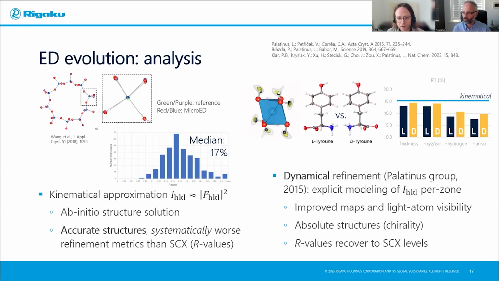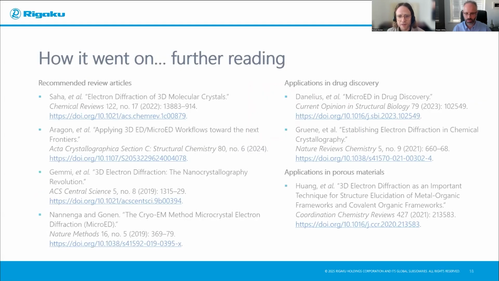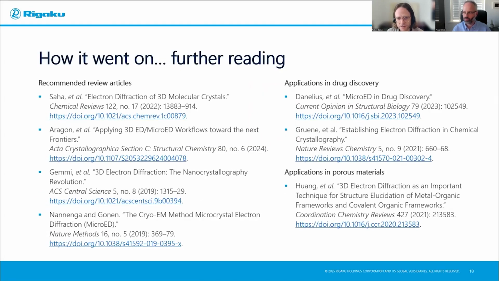If you do that in your refinement, you get much improved maps with better visibility of light atoms. You get the absolute structures, as you will see later on, and also these R values recover almost to the level of single crystal X-ray crystallography.